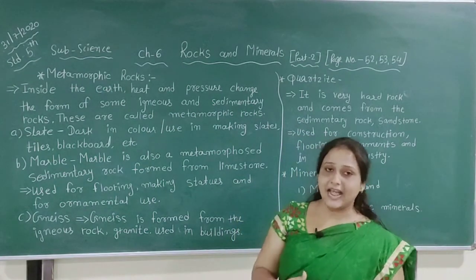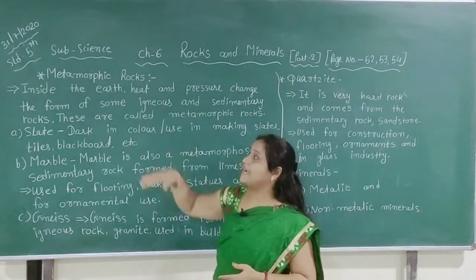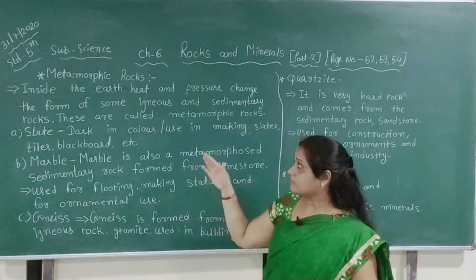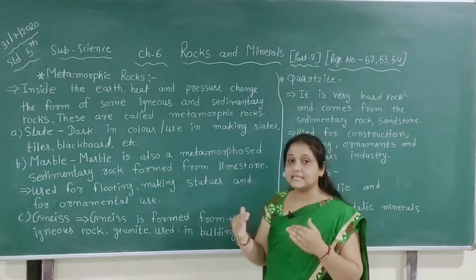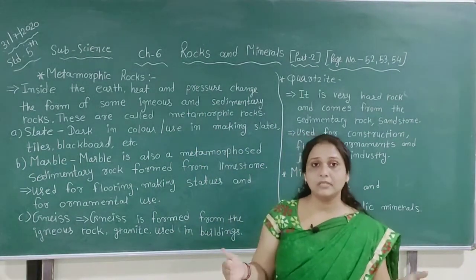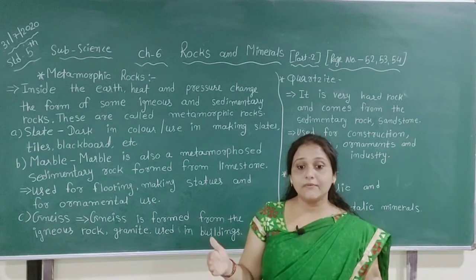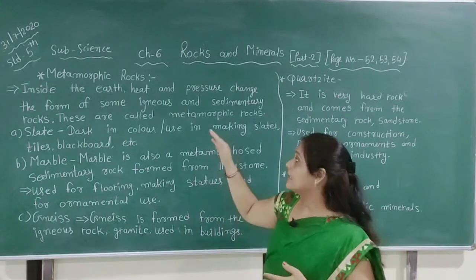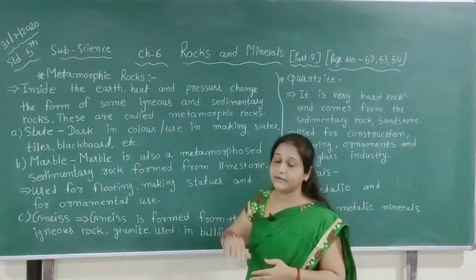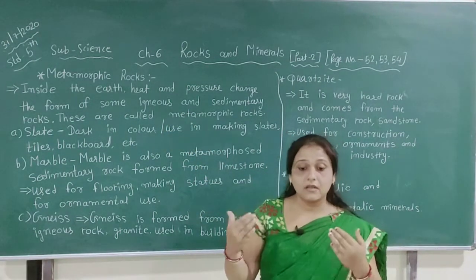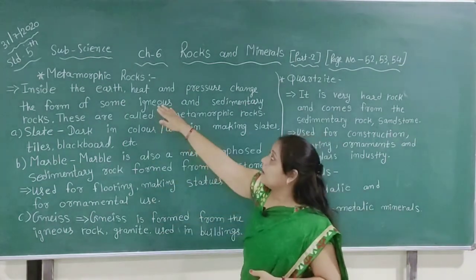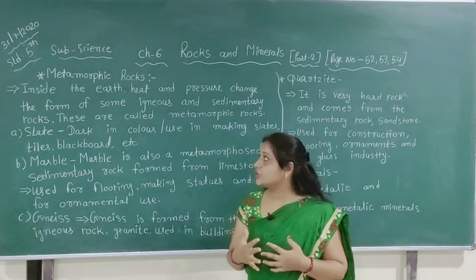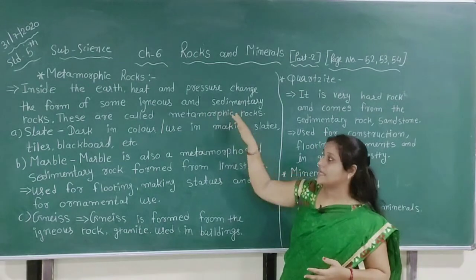It is the second type of rocks, metamorphic rocks. If we go inside the earth, we can get heat from the underside of the earth. Heat and pressure change the form of igneous and sedimentary rocks.